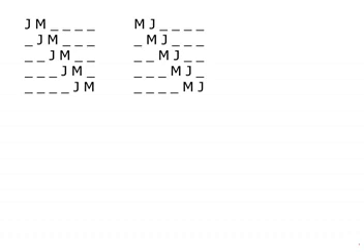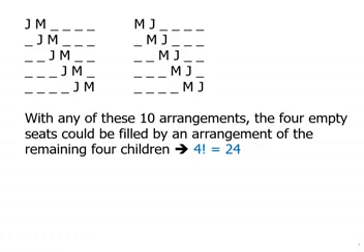Think about it this way. We could have them right next to each other on the far left, or 1 seat over, or 1 seat over, or 1 seat over, or 1 seat over. And so those 10 ways are the 10 places that we could seat Jackie and Marilyn if they were required to be next to each other.